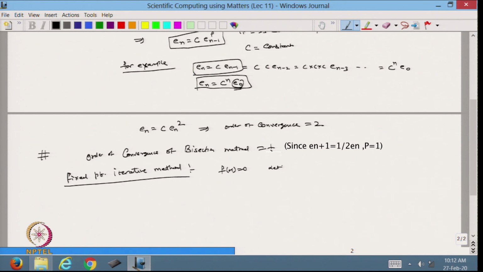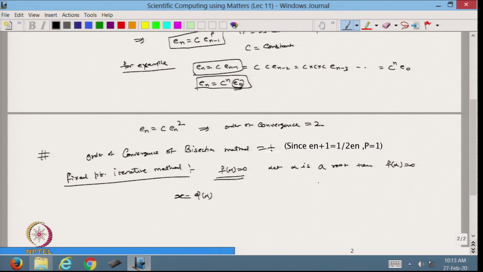Let alpha be a root, then f of alpha will be equal to 0. In this case we will reduce this equation into a form so that I can write it as x is equal to phi x.